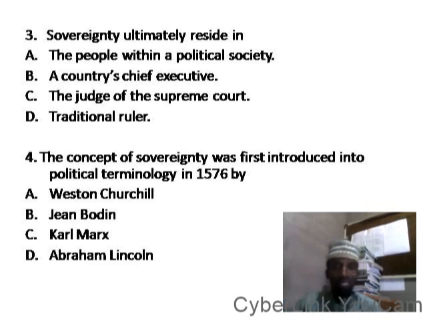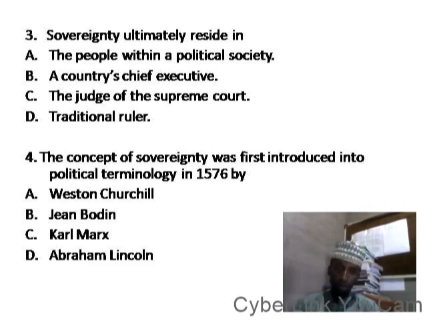But this one does not state the type of government, so we should assume that it is a democratic government. Under democratic government, sovereignty is located in the electorate, in the people. The correct answer to the question is the people within a political society.